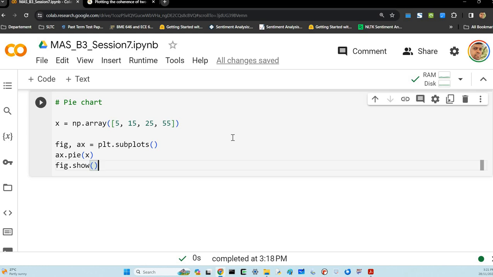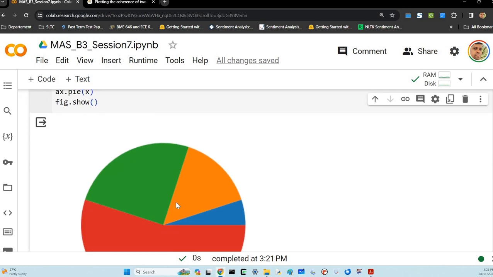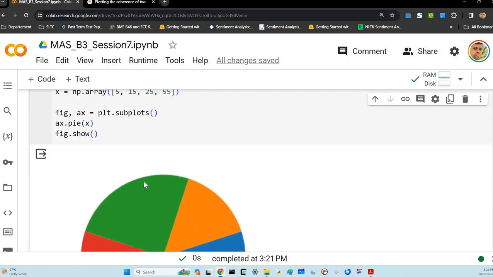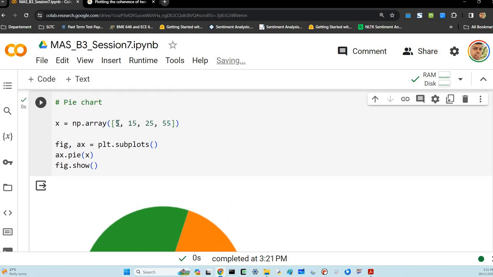With that we can get a very simple pie chart. You can notice something similar to this. This is proportionate to the values we put. In this particular case, I made sure that the values add up to 100.